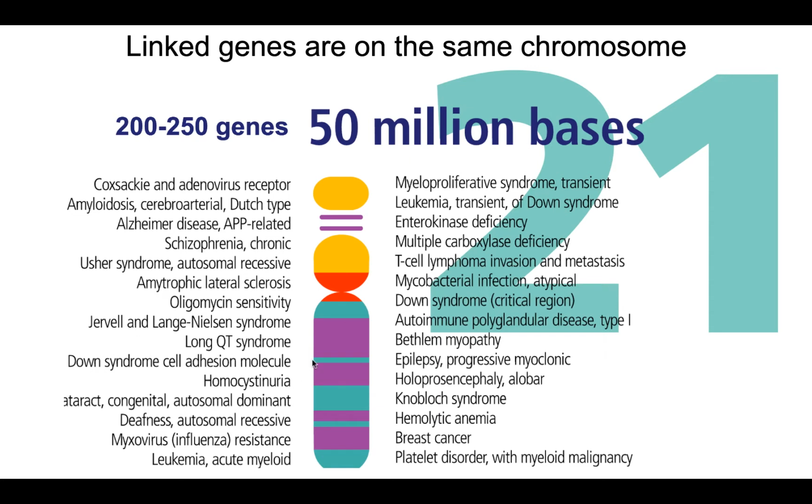There are alleles involved in long QT syndrome, that's a heart condition, and T-cell lymphoma, that's a type of cancer. And so there's a lot of different diseases that are associated with alleles of some of the genes on chromosome 21. And every single one of these 200 to 250 genes are linked because they're on the same chromosome.